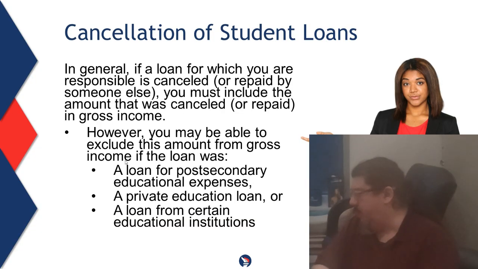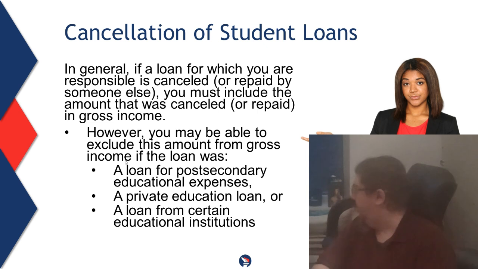A student loan may be canceled either through Biden's plan or some other income-based repayment plan, or there's some other plans where if you work in a specific field for at least 10 years, then you get the rest of your student loan forgiven.